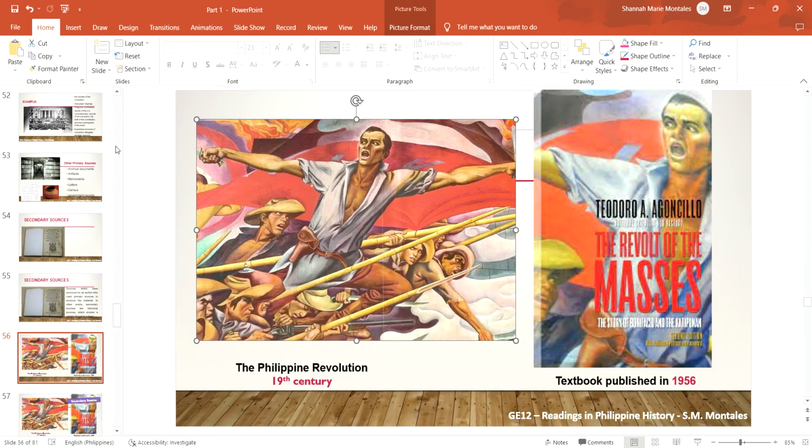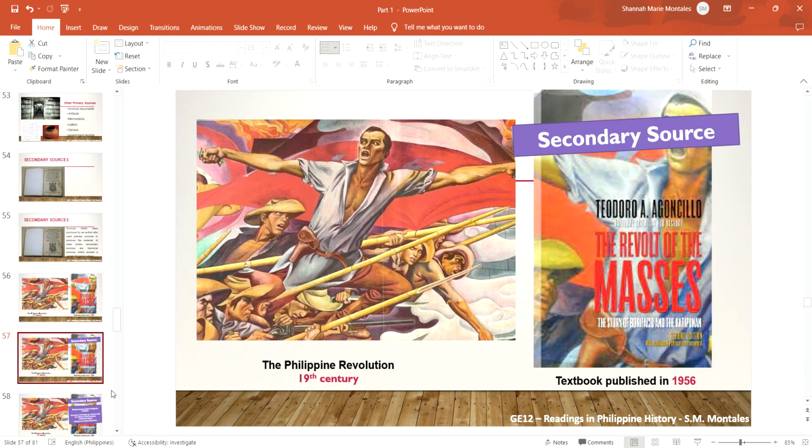Students can read Teodoro Agoncillo's Revolt of the Masses, The Story of Bonifacio, and The Katipunan, published originally in 1956. Since the Philippine Revolution already took place in the 19th century, while Agoncillo published his work only in 1956, this makes this book, The Revolt of the Masses, a secondary source. Okay, this is the secondary source of this particular event, the Philippine Revolution.